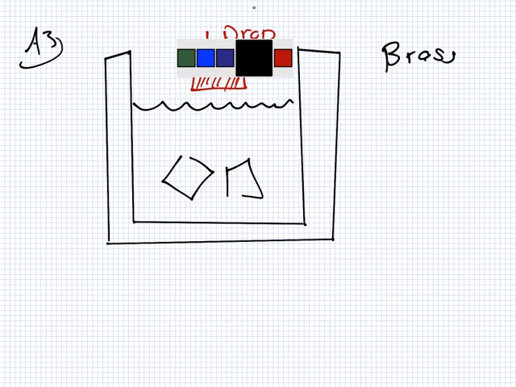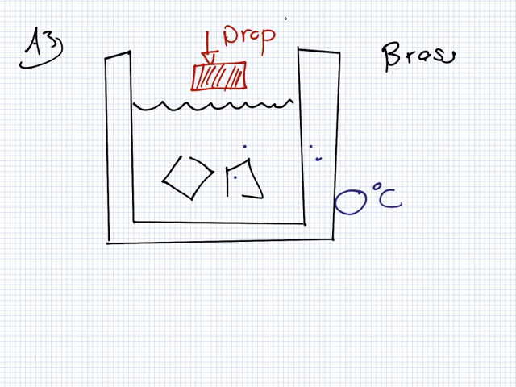So before we drop it in, what temperature is the ice at? And the water? And the copper? Zero. And what temperature is the brass at? Here is 100. And there's 4 things here. There's brass, water, ice, and copper.